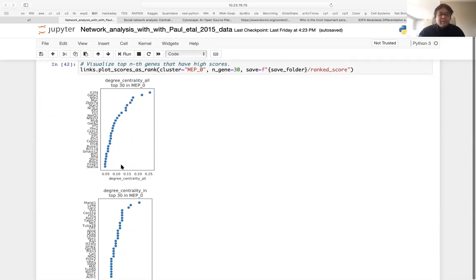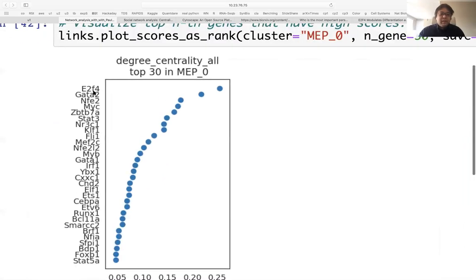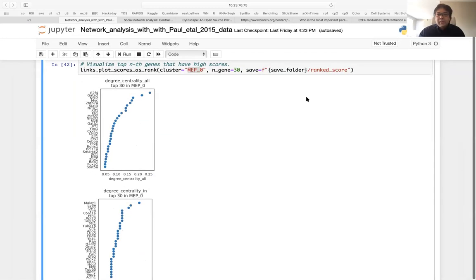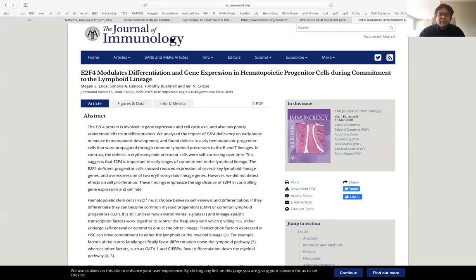But here one problem is that, for example, GATA2 is a really important gene for the MEP cluster, but E2F4, for example, is a universally important gene, generally important, and ubiquitously expressed in the hematopoietic cell.